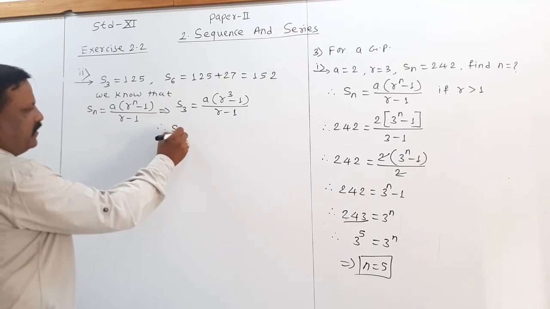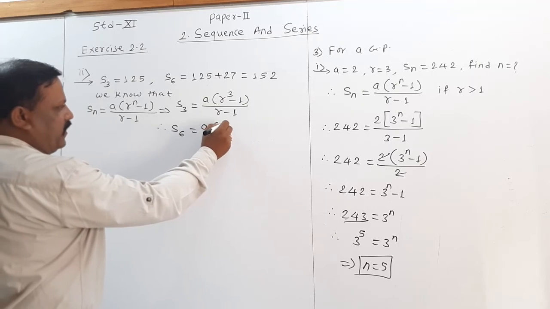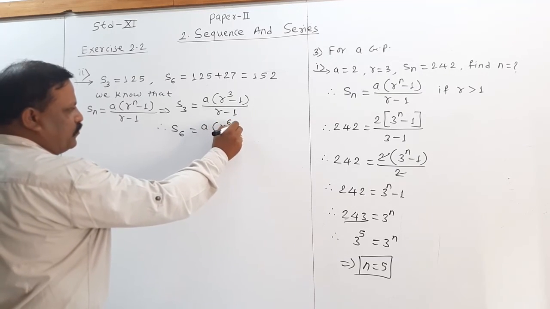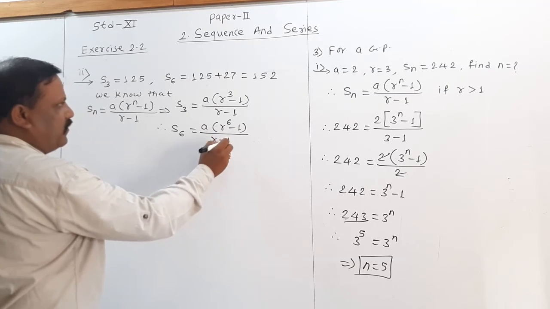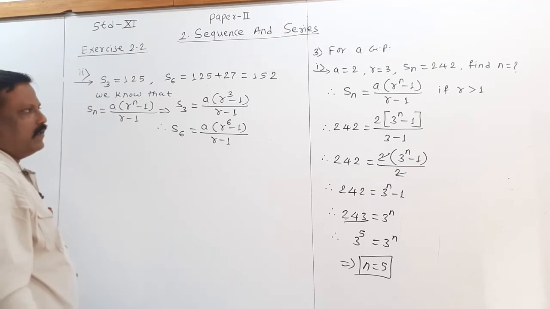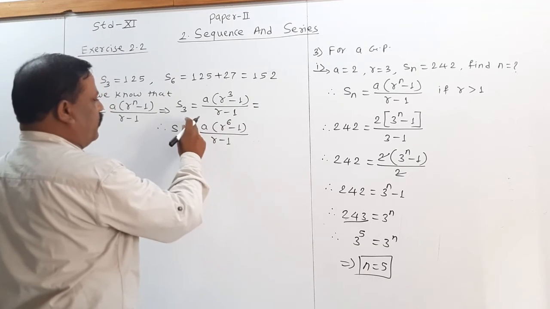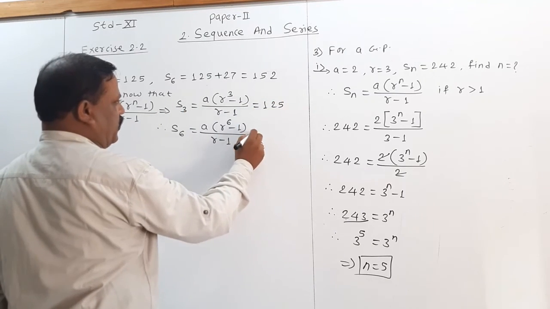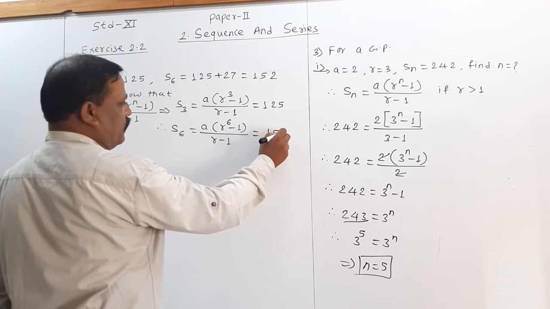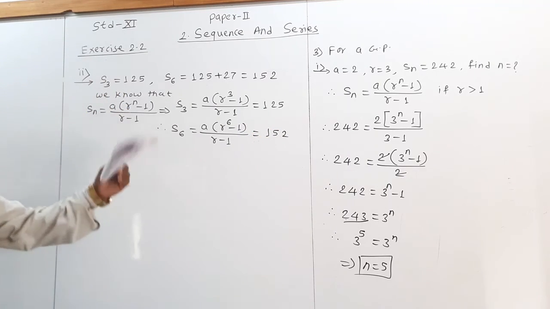Similarly, S6 is equal to A into the bracket R raised to 6 minus 1 upon R minus 1. So S3 is 125 and S6 is 152. So we divide these two terms.